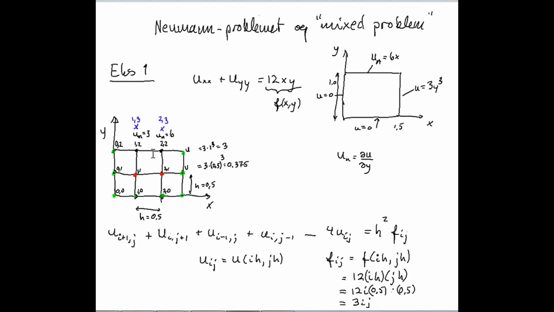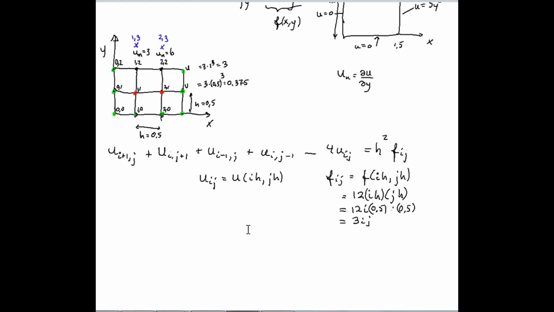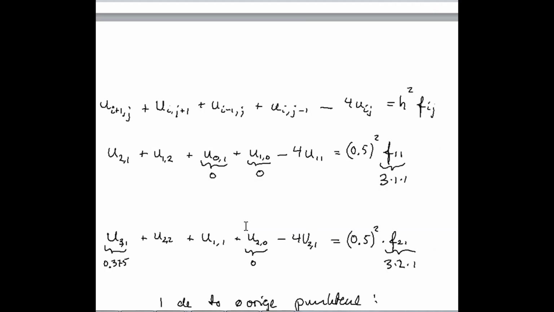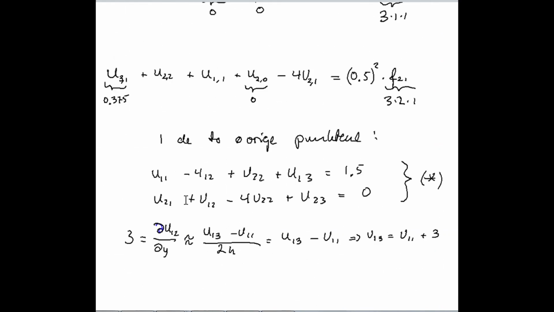And now we can write the difference equation for this point. We can use this general difference equation and write it out for this point and this point. We don't go so much into detail on how this is done, but then we get these 2 equations.